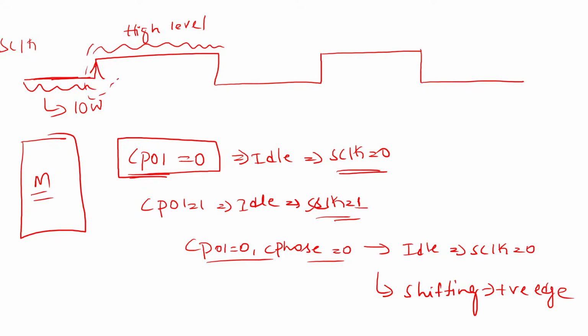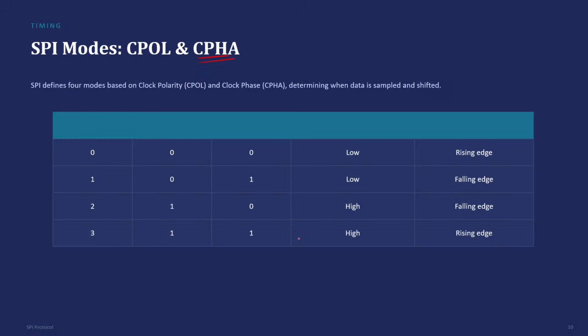So shifting is done at this positive edge of the clock, and sampling will be done at this negative edge of the clock. This is how I'm going to configure when sampling should happen and when shifting should happen. This is what the table is basically telling us.